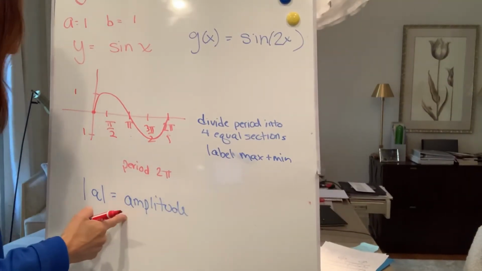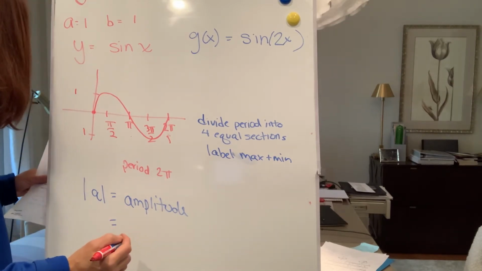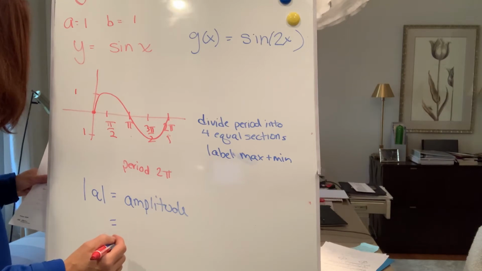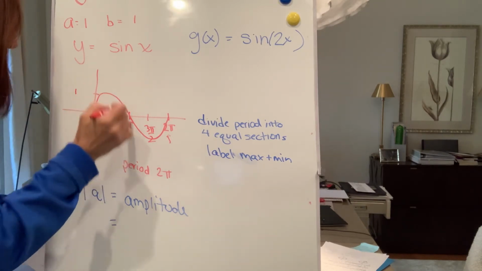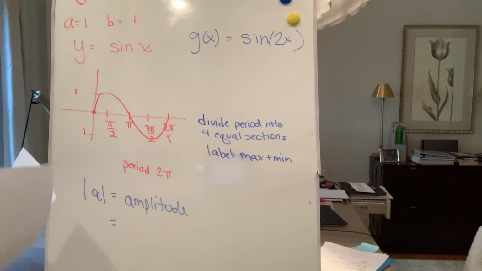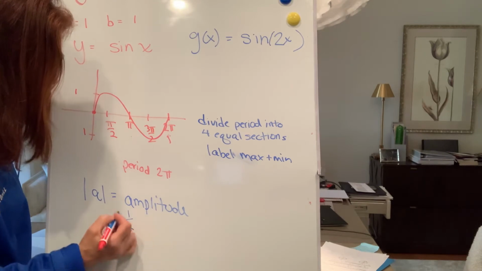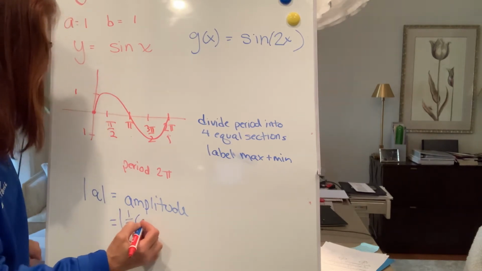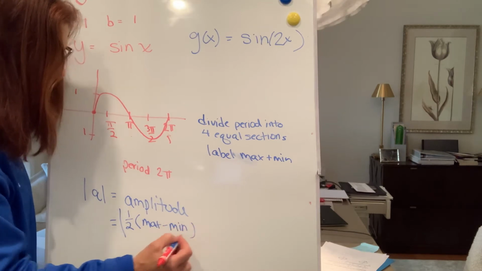The formula for amplitude is one half, the absolute value of the max value minus the min value.